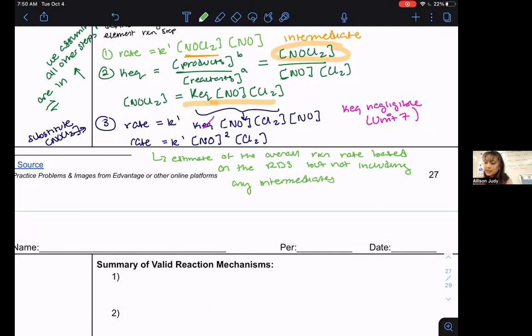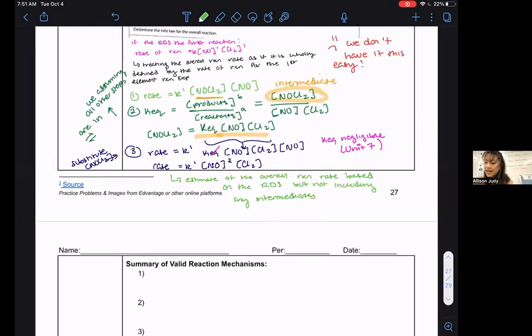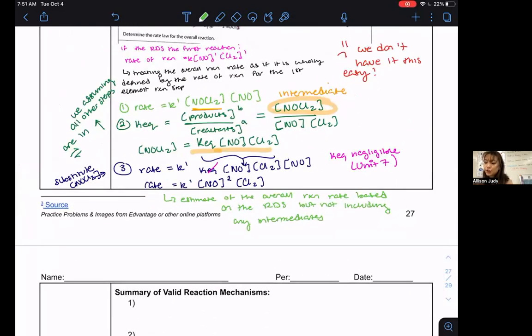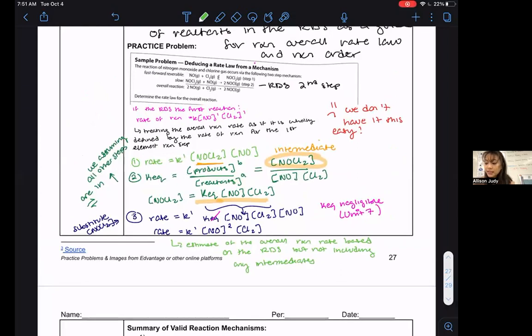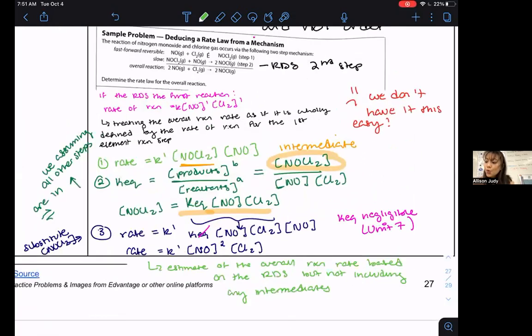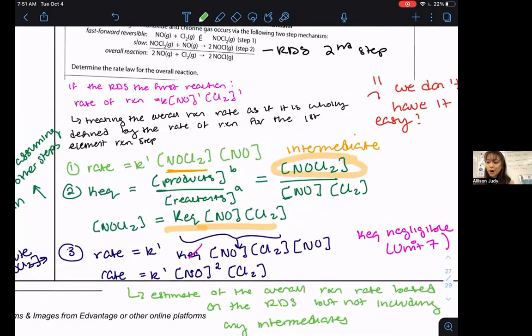So that's the process of determining the rate law for a multi-step reaction when your rate determining step is not your first step. Again, all of this seemingly super complicated process is only if your rate determining step is not your first reaction step.